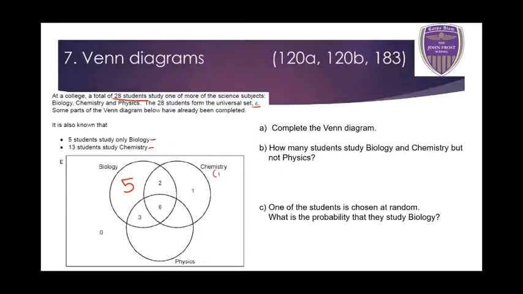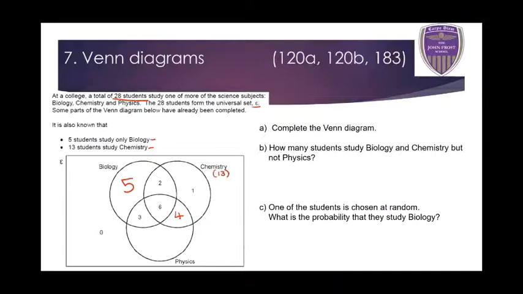So in this box here, I'm going to write just under the chemistry, in a bracket so it's not outside the box, 13. So I know 13 people study chemistry. And the chemistry circle is this one. So all the numbers in this circle should add up to 13. Currently, we've got 6, 2, and 1, which is 9. 9 plus something is 13, and that is 4. We've only got one place we can put that. So we can chuck 4 in there.